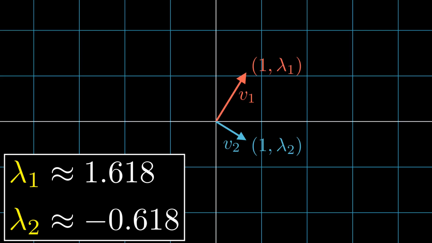But how does this help us understand the patterns we saw at the start of the video? Well, let's say we pick a starting point like (1, 3). We can think of it as being made up of two different parts. A bit in the direction of v1, plus a bit of v2. When we apply A to this vector, we can think of it acting on the v1 and the v2 components independently.